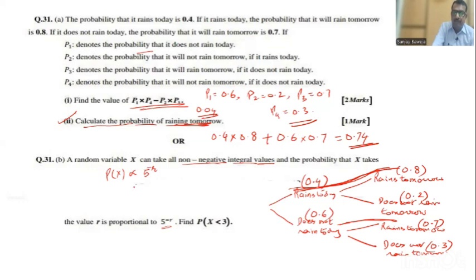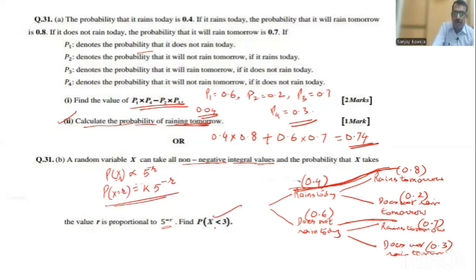And when the sign of proportionality is changed to equality, we put a constant. So it is actually k times 5 raised to power minus r. So it is probability of x is equal to r. This is the formula you get.